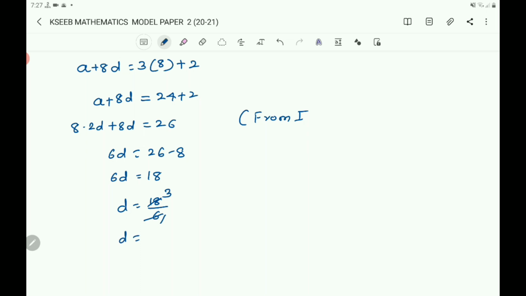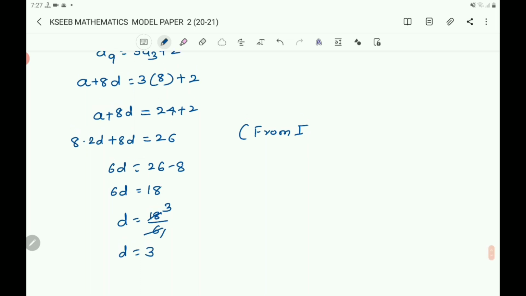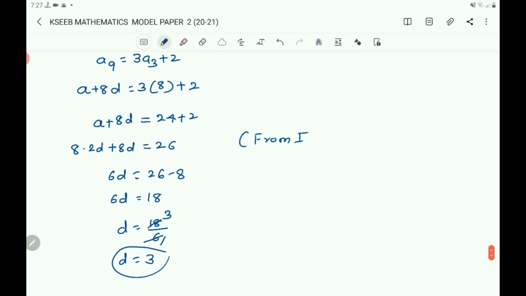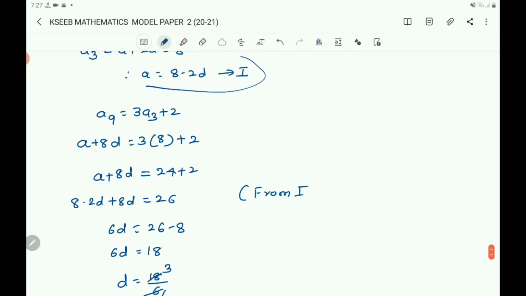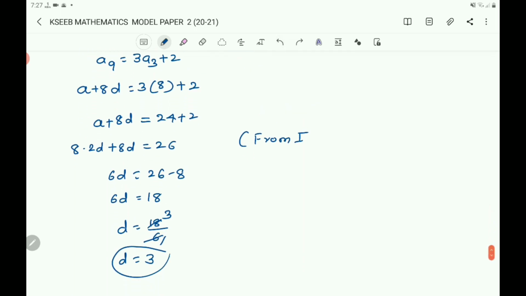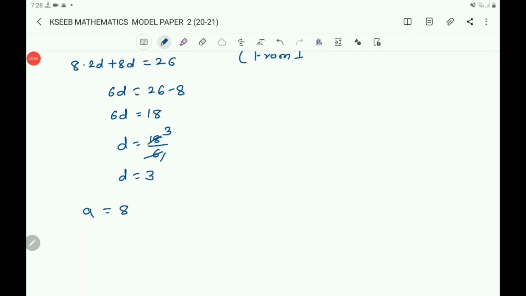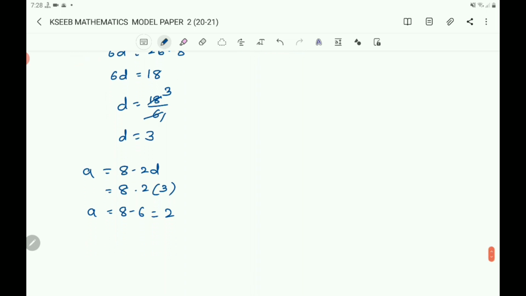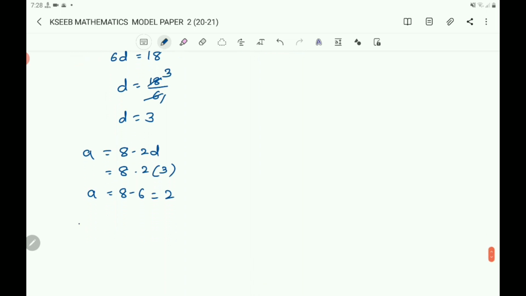So you get d equals 3. Now you substitute this value of d in the first equation. So a equals 8 minus 2 into d, which is 3. So a equals 8 minus 6 equals 2. So you get a equals 2, d equals 3.